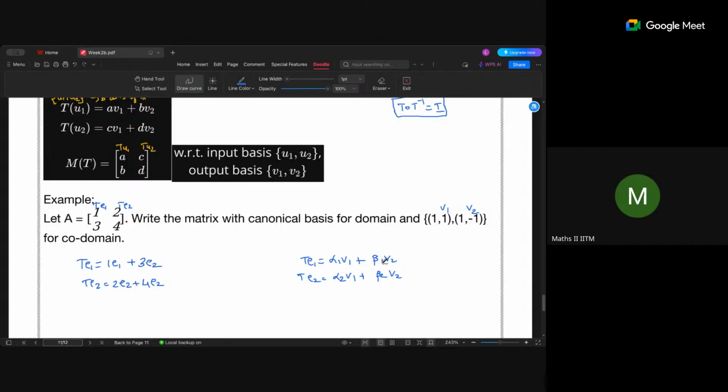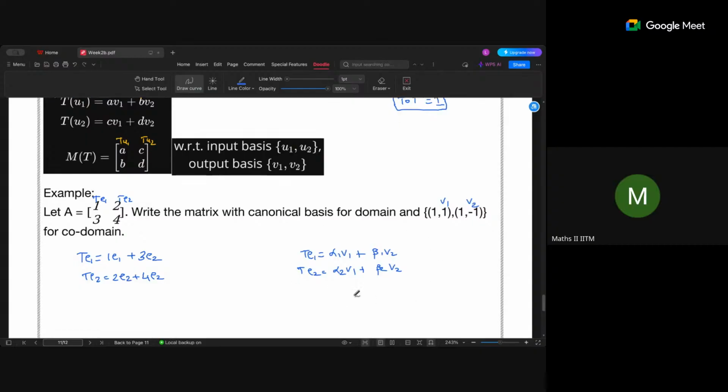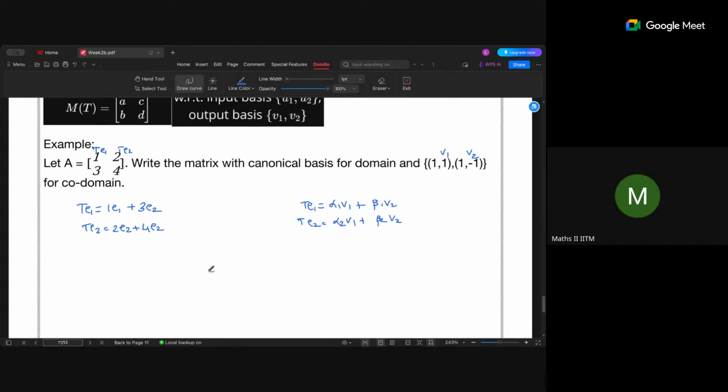We want to find alpha 1, beta 1, alpha 2, beta 2, where V1 and V2 are given by this. Now how will you write T(E1) and T(E2) in terms of these bases? This is the question.